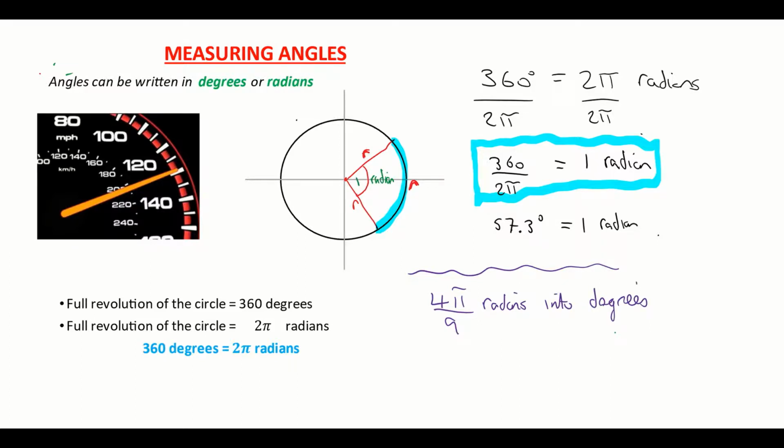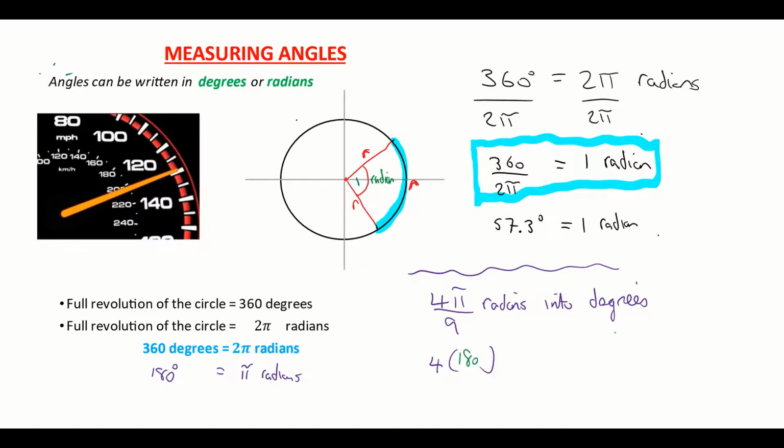So one way of doing it is you could come back to the very start here and look at here where it says 360 degrees is equal to 2 pi. Now what some people would do there is, well, if 2 pi is equal to 360 degrees, then pi radians must equal 180 degrees. That's basically just dividing both sides by 2. So what you could do here is substitute the value of pi for 180 degrees.